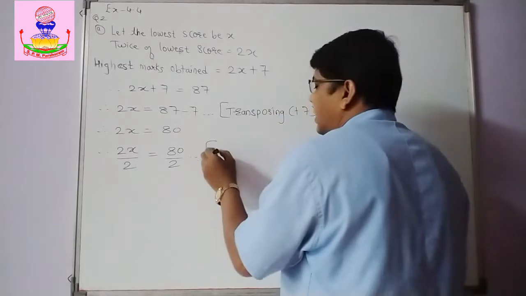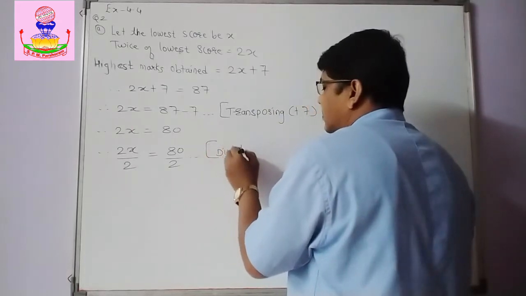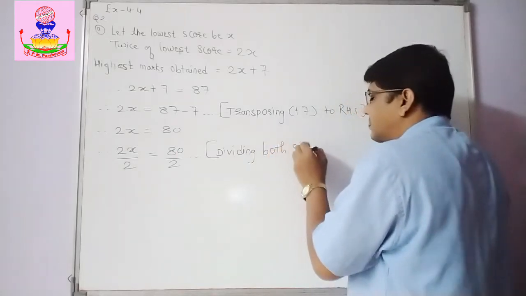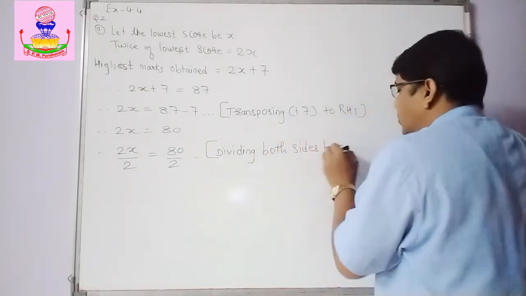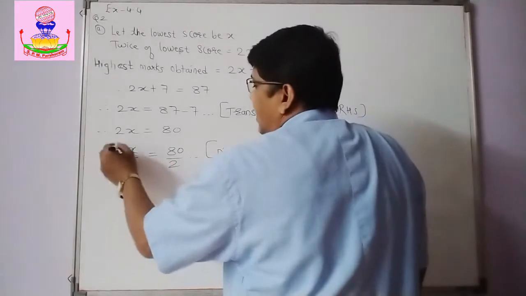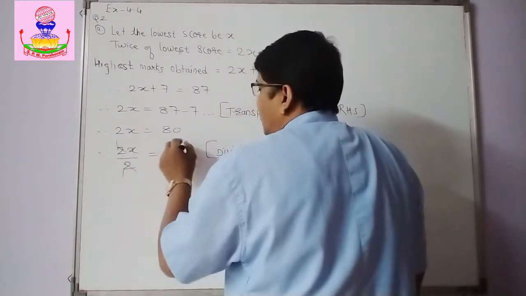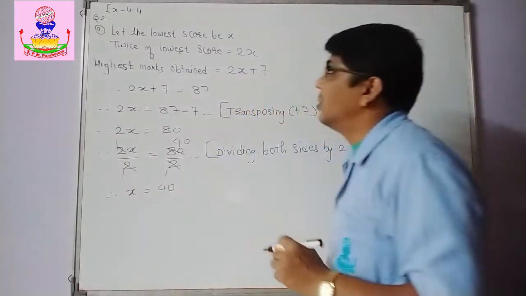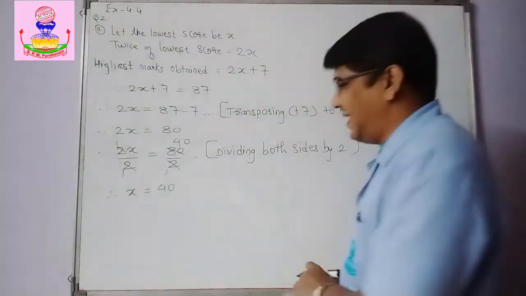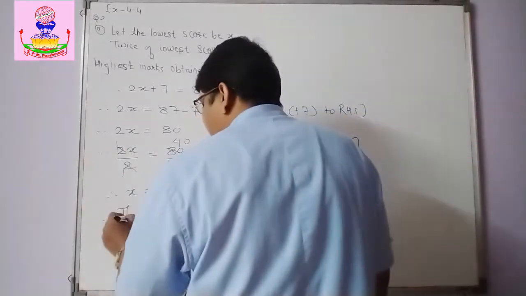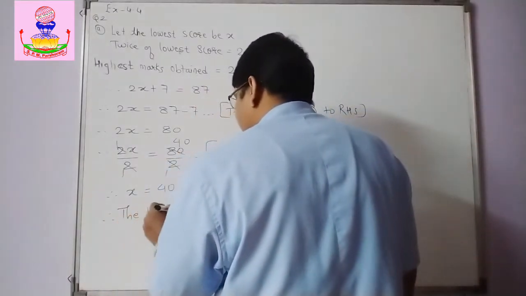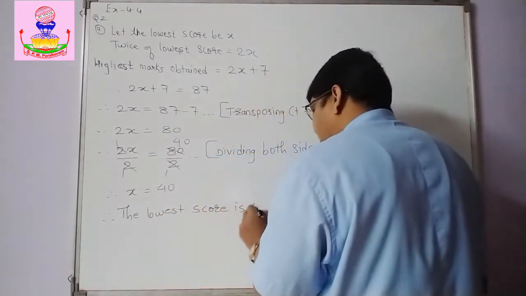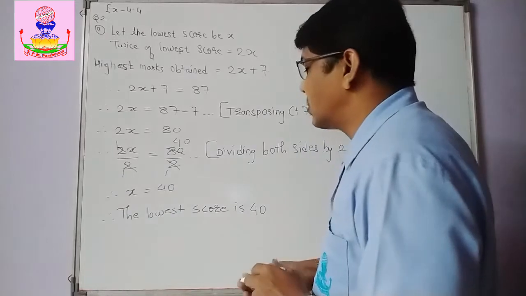So dividing both sides by 2. Right? So 2 fours are 8, 2 zeros are 0. So x is equal to 40. So what is the lowest score? 40. Therefore, the lowest score is 40. Final statement is most important.